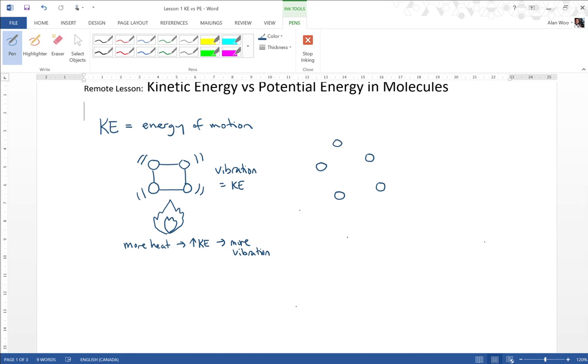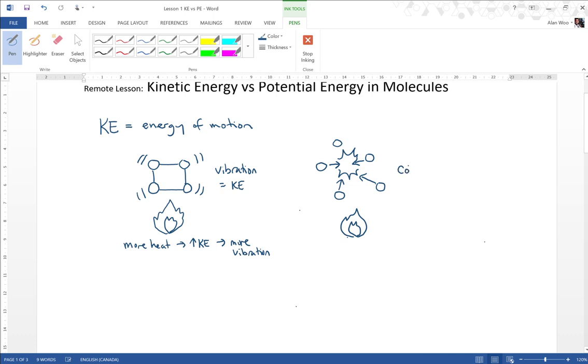But if we look at molecules or atoms in the gaseous state, and again, we add some more heat, we're going to see atoms and molecules moving around until they start to collide with each other. Okay? So the more energy there is, the more movement there is. The more movement there is, the more collisions there might be.